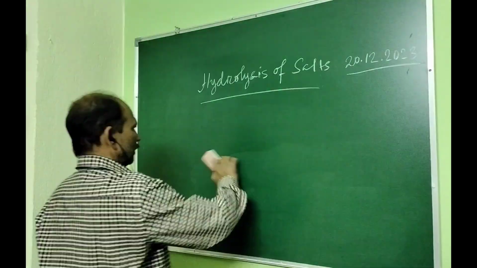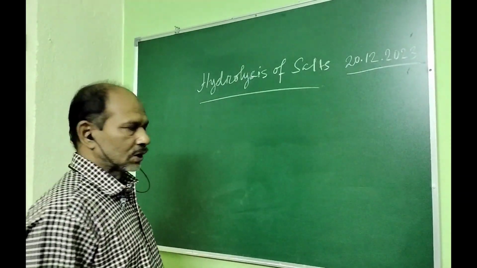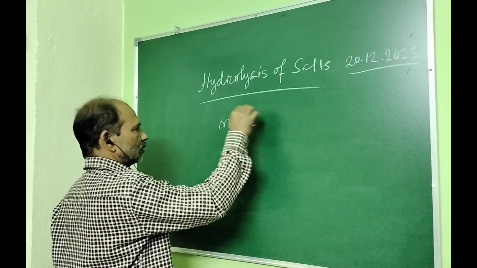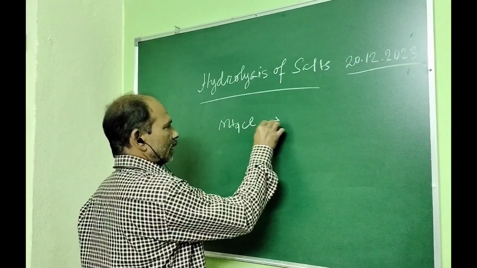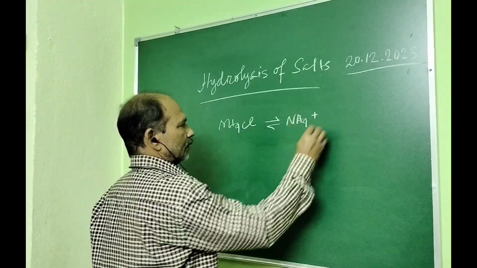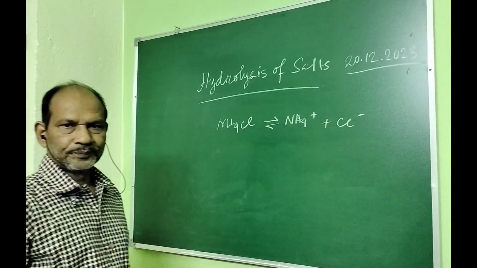Similarly, if we take another example which is formed from strong acid and weak base, that is ammonium chloride. So the salt is ammonium chloride. It is a strong electrolyte. When dissociated in water, it gives NH4 plus and Cl minus.